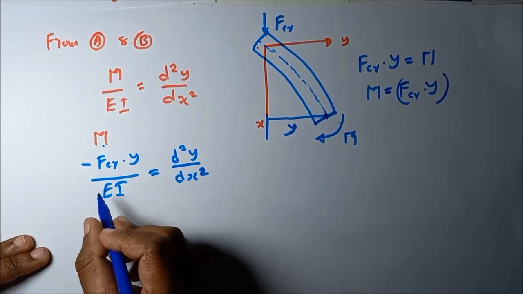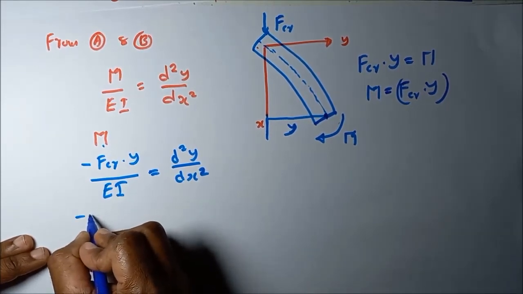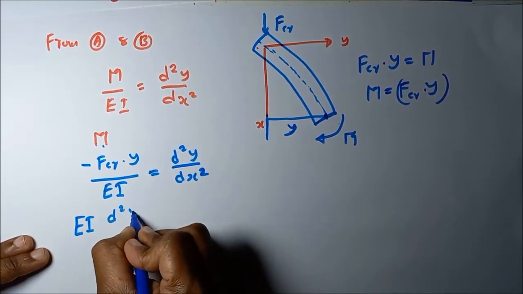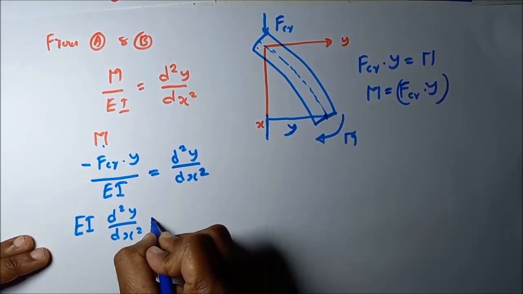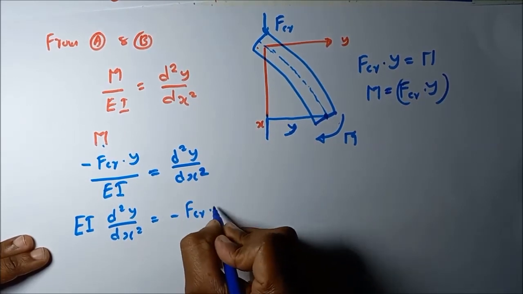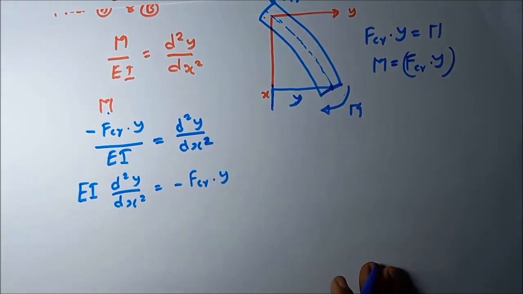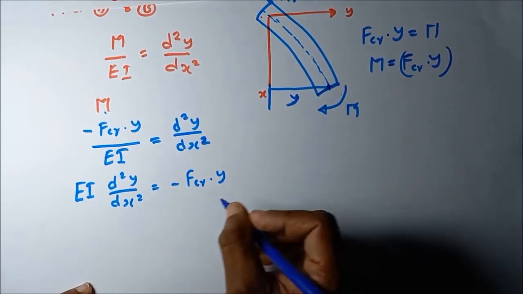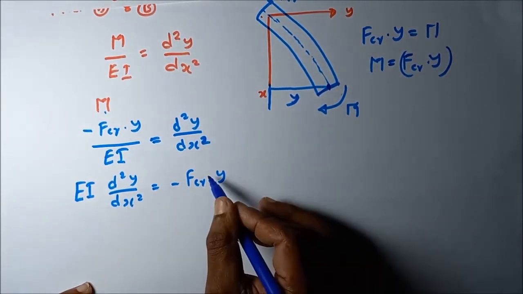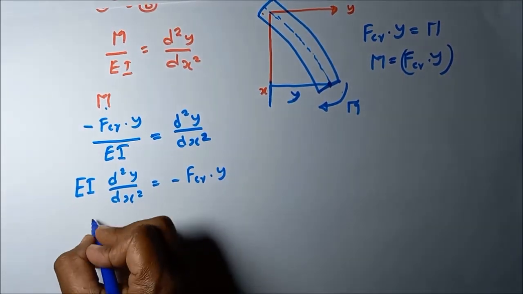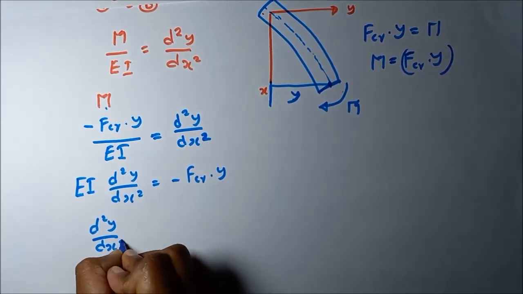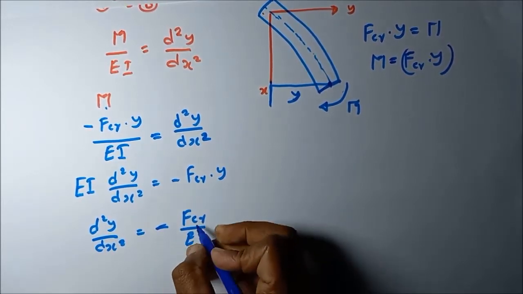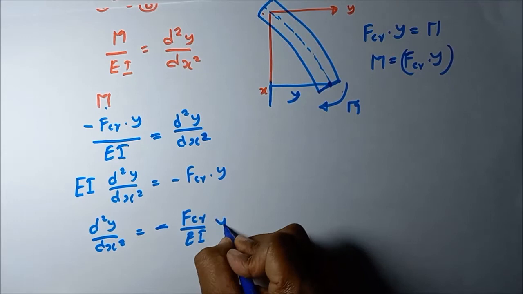So I'll rearrange this equation: d2y dx square is equal to minus F critical into y, better to rearrange this in this way, d2y dx square is equal to minus F critical divided by EI into y.